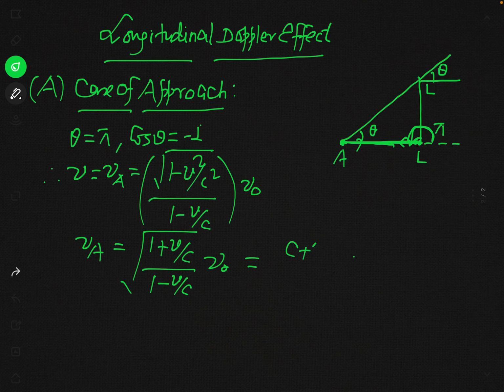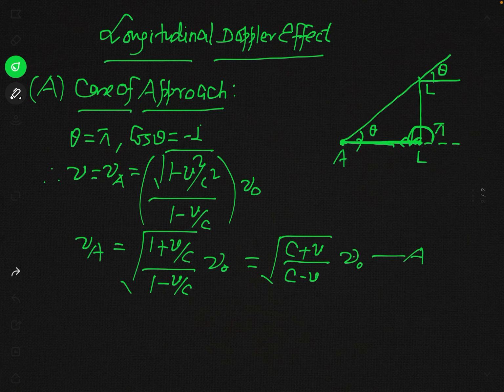Again you may take LCM, and then that will be c plus v by c divided by c minus v by c. C is a common factor, so that will cancel out, and the result is simply the square root of c plus v by c minus v into nu naught.